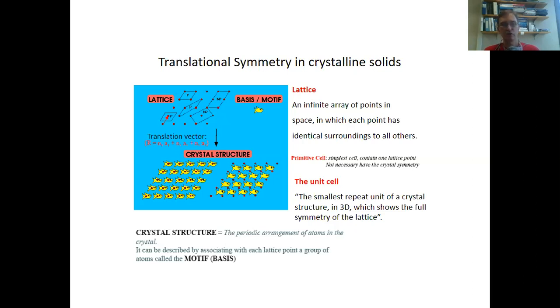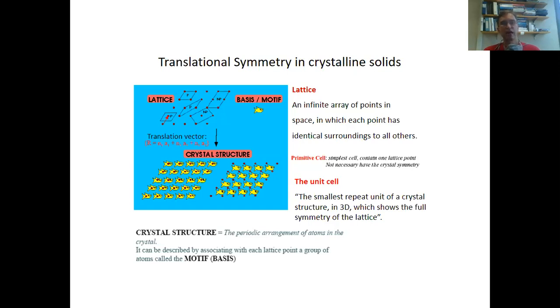According to this definition, there is inherently translational symmetry within a lattice. That means that you can define translational vectors that move all the lattice points so that they superimpose and become indistinguishable from their original form.